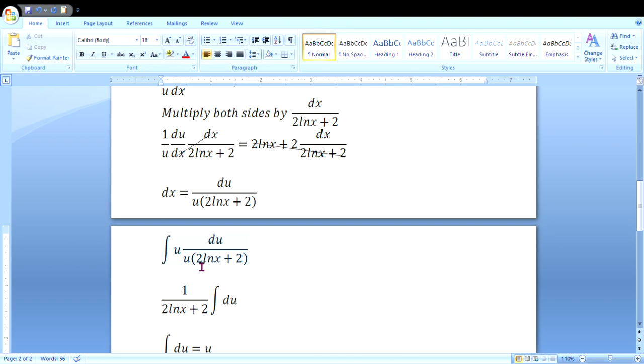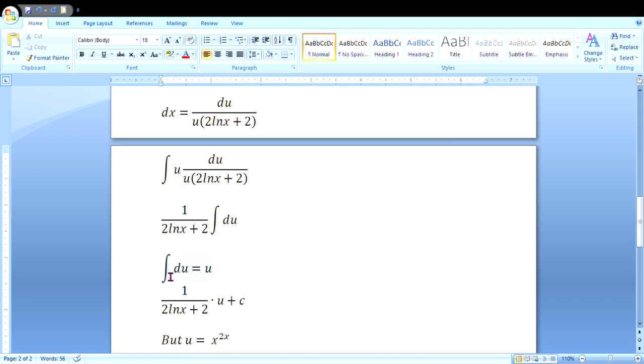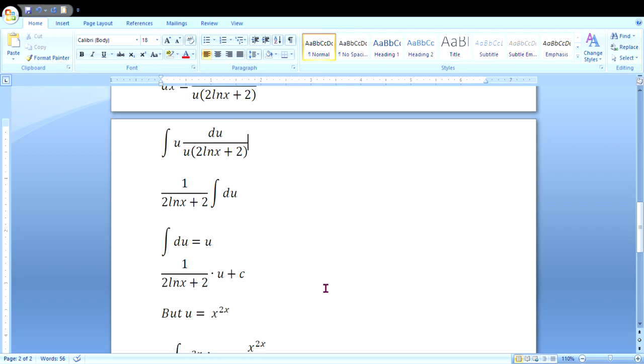Then the function 2 ln x plus 2 is a constant in this aspect, so we need to factor it out, so this becomes 1 over 2 ln x plus 2 integral du. Remember, if you integrate du, the value will be u. So substituting here, this becomes 1 over 2 ln x plus 2 times u plus c, where c is an arbitrary constant.